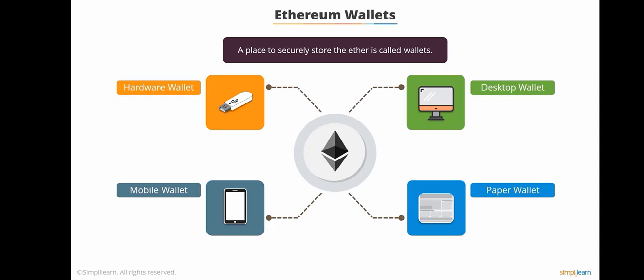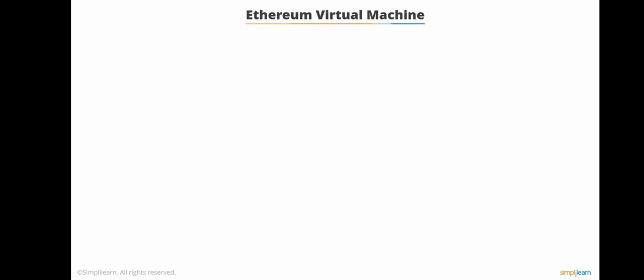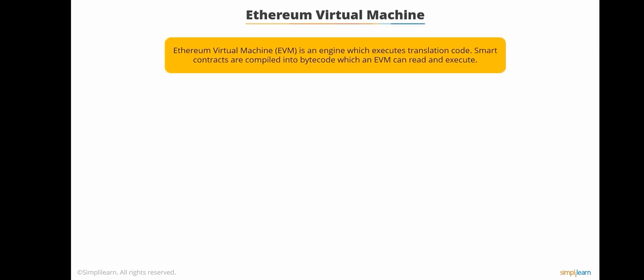Now that I have told you about Ethereum and its currency, it will only be fair that I explain the EVM now. Ethereum Virtual Machine, abbreviated as EVM, is an engine which executes translated code.